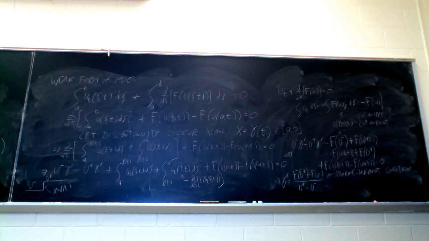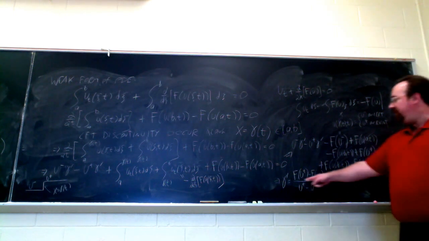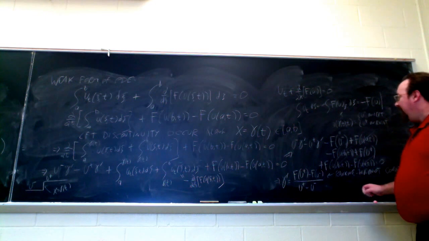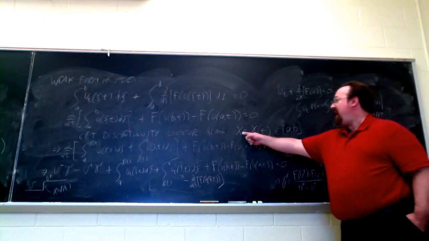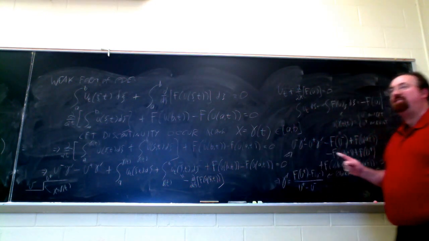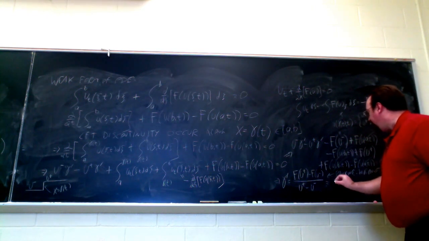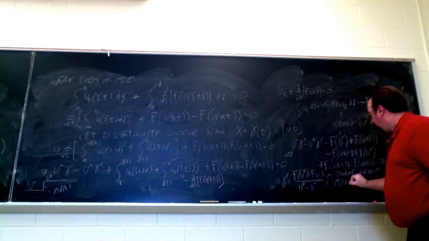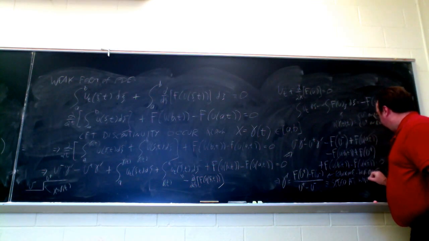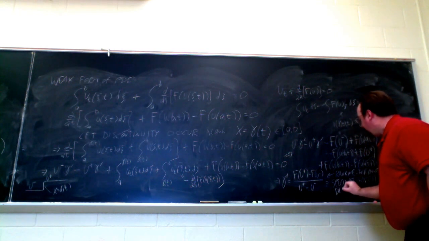What does it tell us? That's the important thing. Because this is gamma prime, this is how the discontinuity point x is changing. So this is the speed at which the discontinuity propagates.